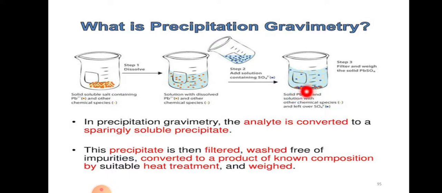We are going to filter this. When we filter, the precipitate solid particles get separated from the liquid, and the solid particles belong to the barium sulfate. So we are going to dry those solid particles and measure their quantity, and that is called precipitation.